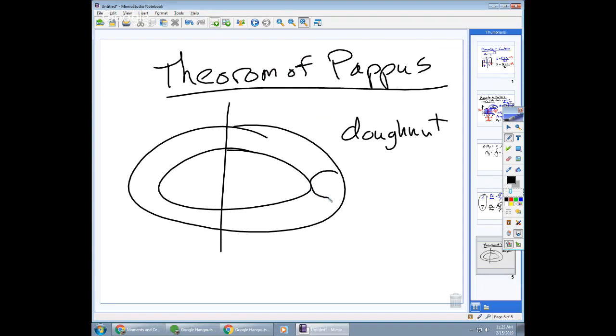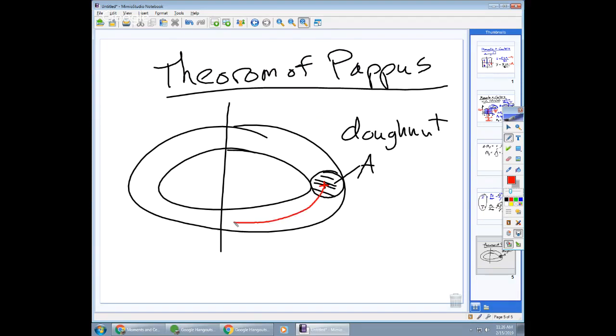If the cross-section of that thing is uniform through the revolution, and it has uniform density in one of those cross-sections, then if you know the area of that cross-section, and you know its center of mass, then all you have to do is follow the path of that center of mass.